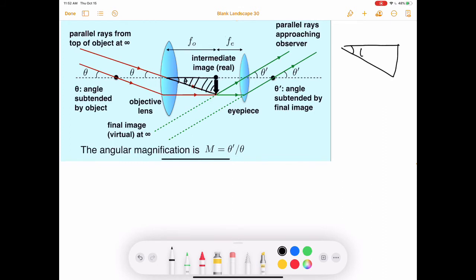Angle theta, right angle here. And the horizontal side length is FO, the focal length of the objective lens. The vertical side, let's call it H. That's just whatever the height of this intermediate image is. There's another triangle I want to point out here, which I'll show with a different color. This one.